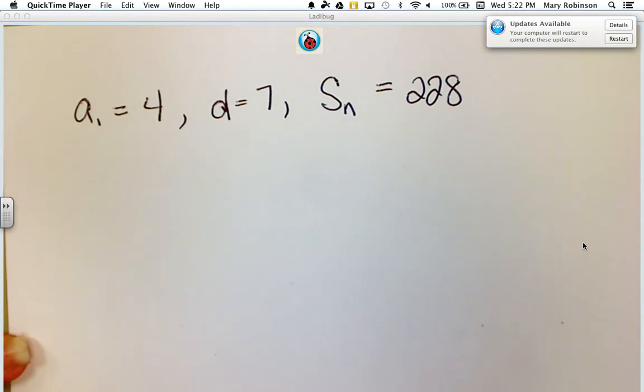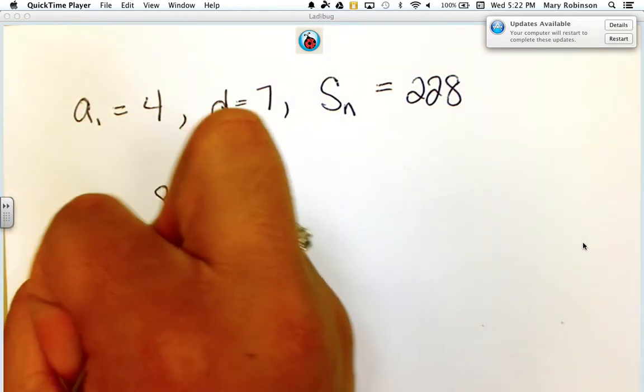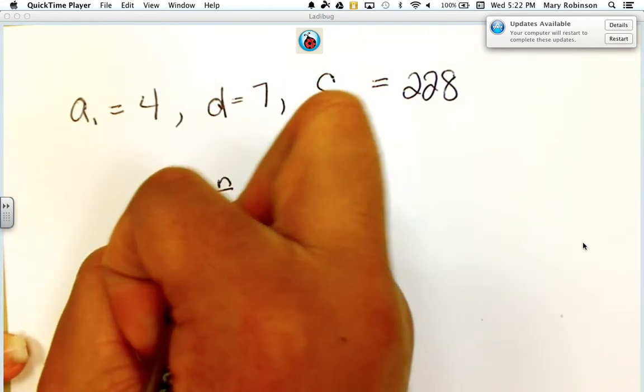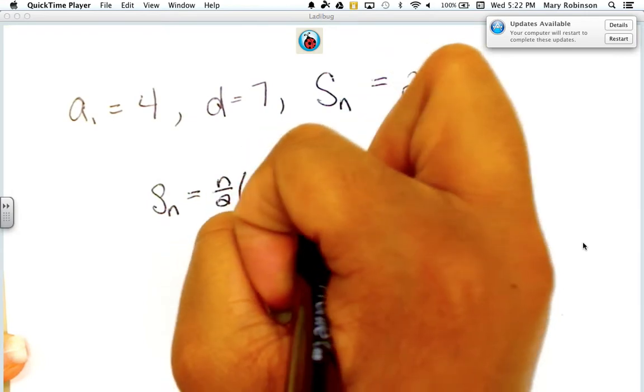So you're given your first term, your common difference, and the sum of the series. Since we're given the sum of the series, we're going to use the arithmetic series formula. The series formula is s sub n equals n over 2 times the quantity a sub 1 plus a sub n.